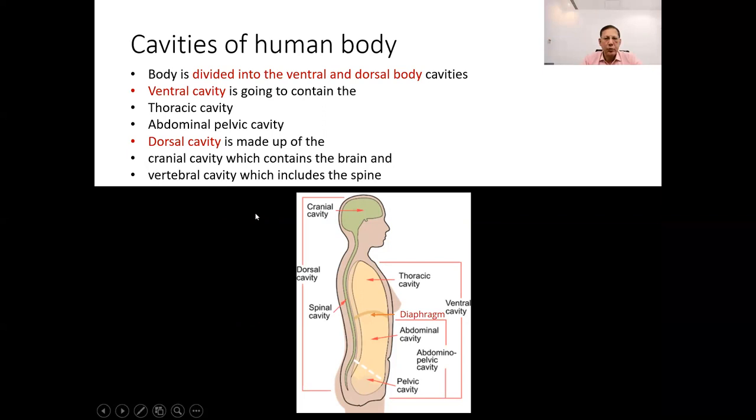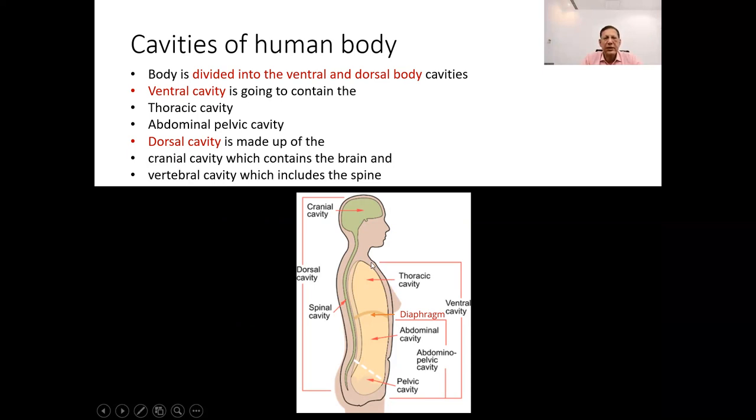So, cavities of the human body. The human body contains several cavities, which are spaces or compartments that house and protect the internal organs.